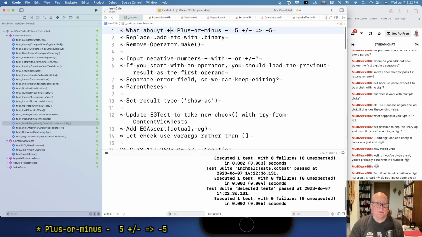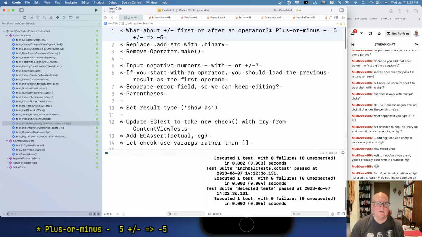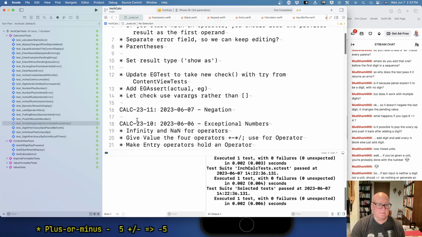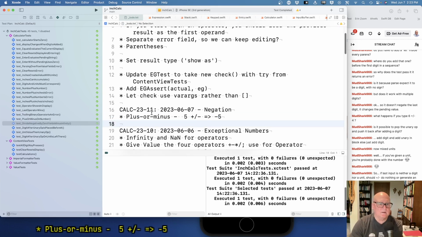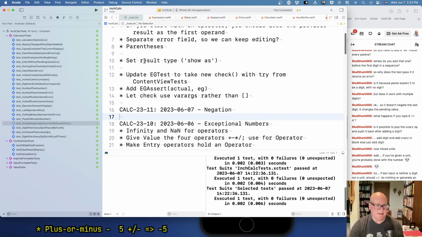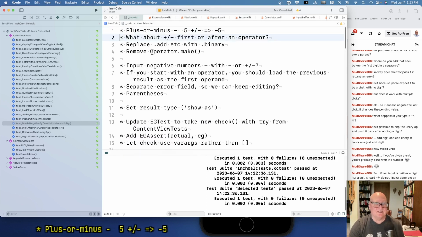What about plus or minus first or after an operator? Okay, this I think we're kind of in the process of. I guess we're still doing this one. Let's put it first. All right. Yeah, so if you type plus or minus equals, that should be an error.